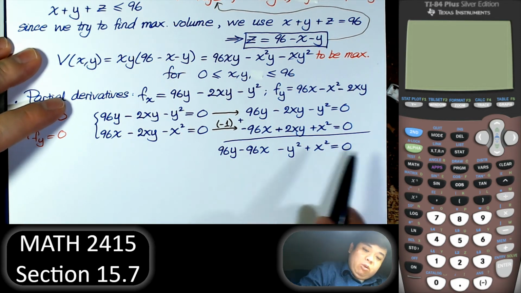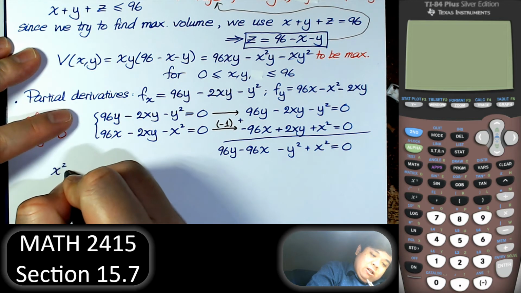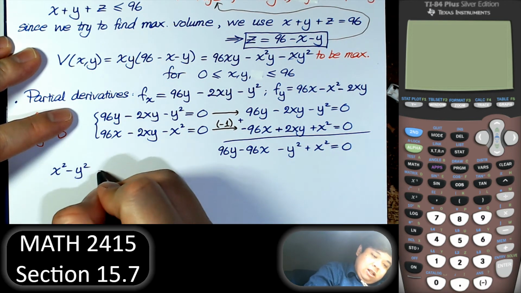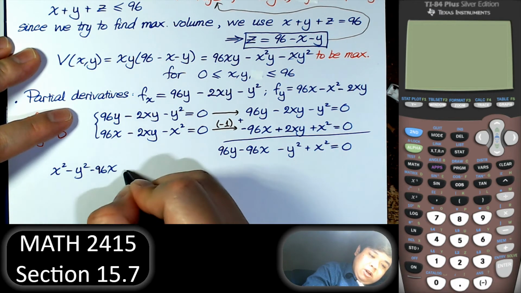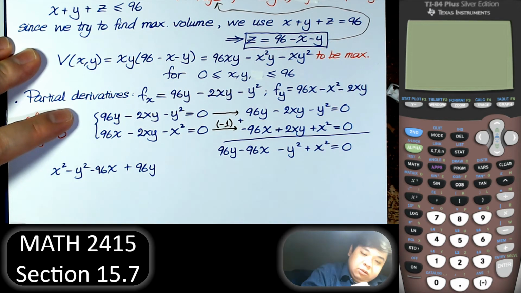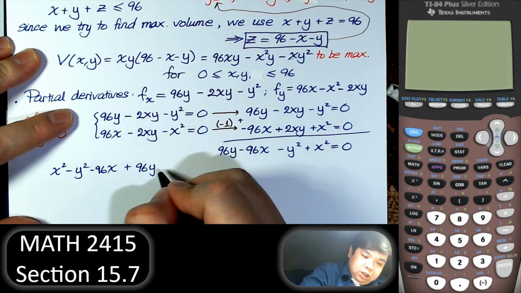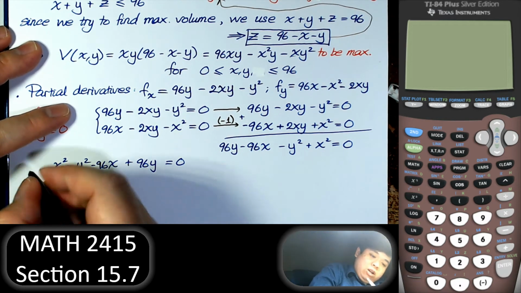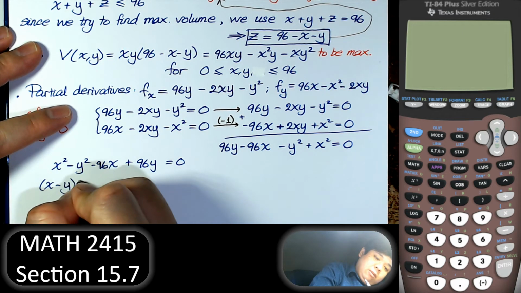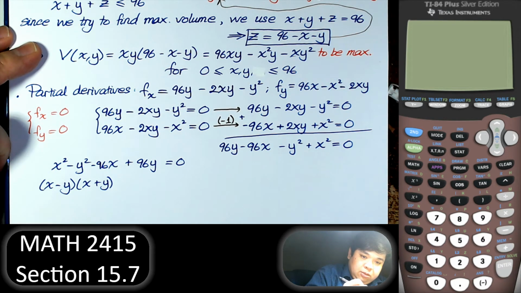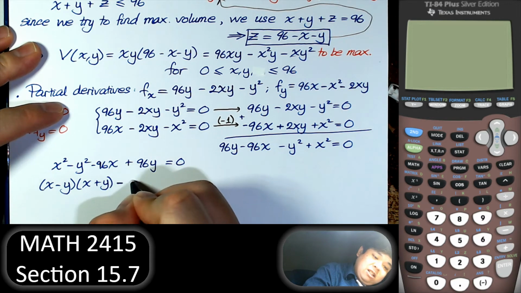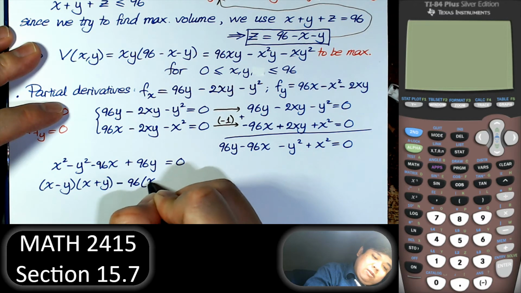We can rewrite this as x squared minus y squared minus 96x plus 96y equal to 0. x squared minus y squared is (x minus y)(x plus y), and then I factor out negative 96, leaving x minus y.